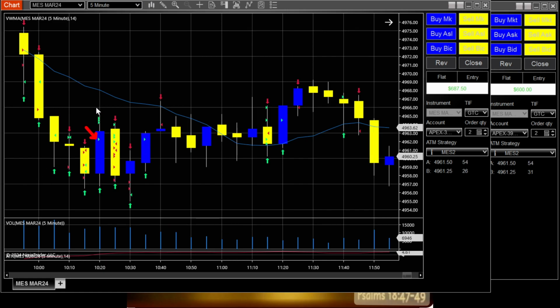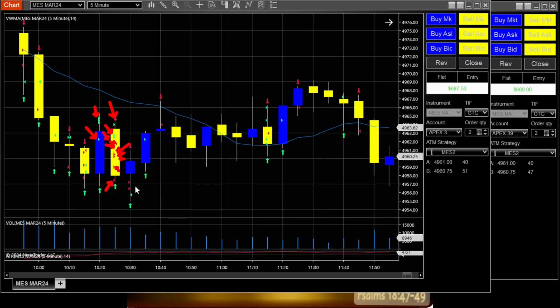Here, and here, I took a loss with these trades. Trying to catch a reversal, I took a loss, and eventually flipped my position short.